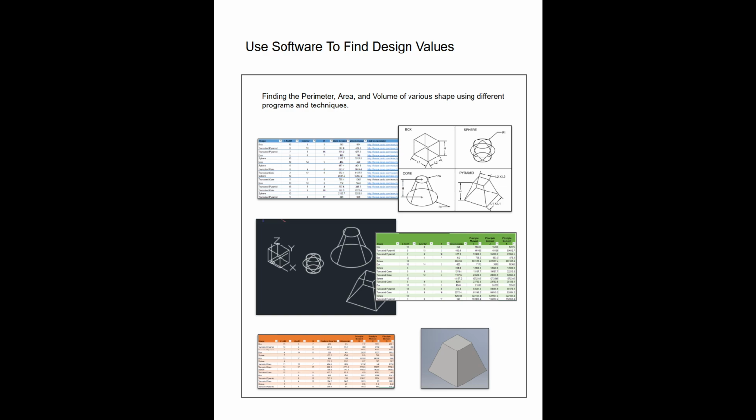And a lot of times you have to know areas so that you can figure out stresses and deflections and things like that. So we use the software to visually create the product and then get the information that we want. And then we present it usually in some sort of a chart that helps us figure things out.